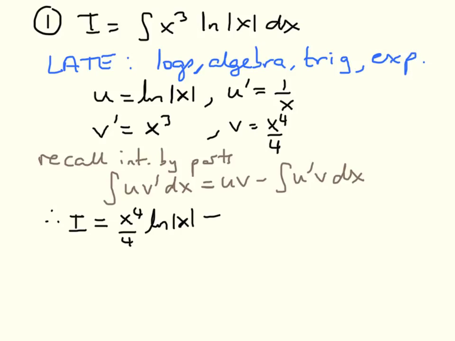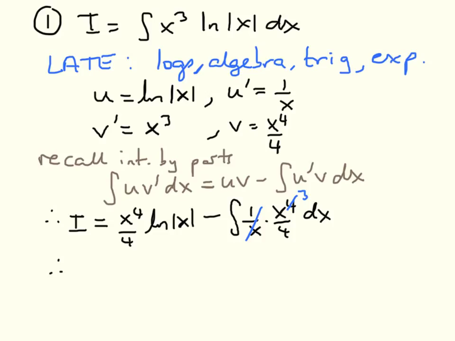And then we subtract the integral of u prime, which is 1 over x, times v, which is x to the 4th over 4, with respect to x. And now we see a simple cancellation. The 1 over x cancels with the power of x to the 4th and turns it into x cubed.